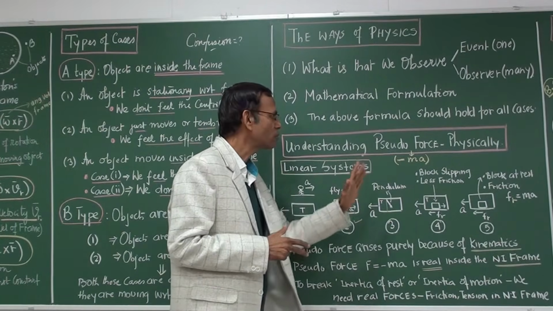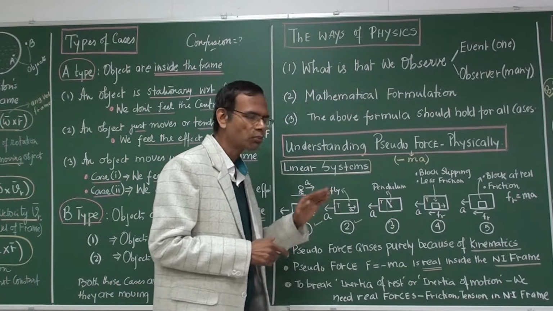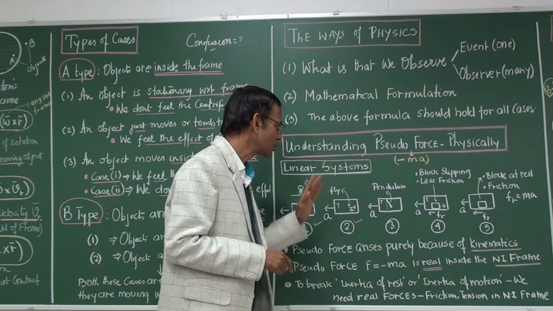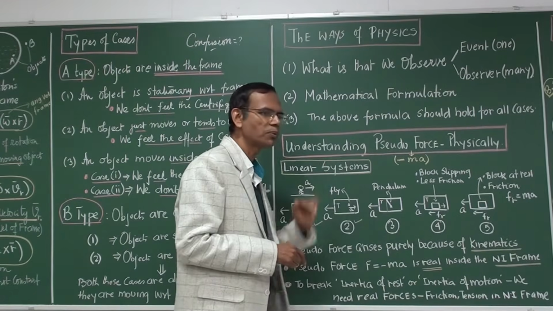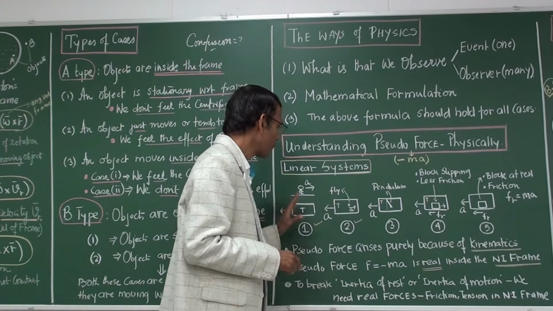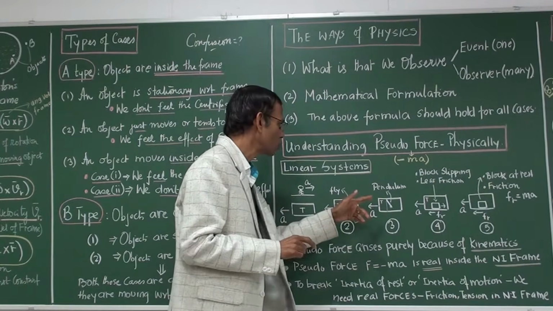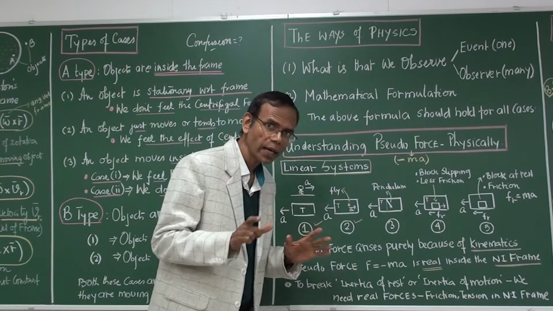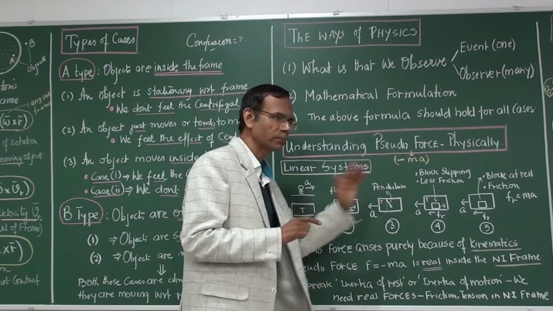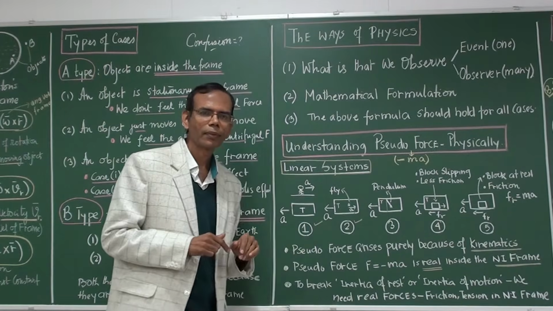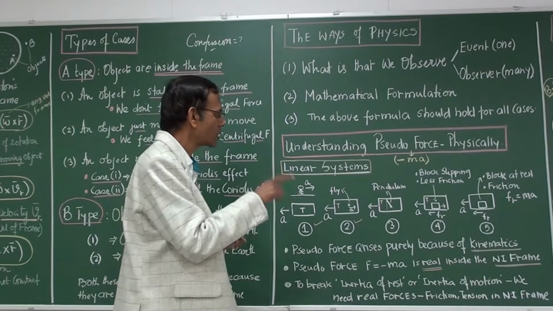Exactly the same way we will see in circular motion also, in the rotating frames. All these cases we will see. But before that, in order to understand a little bit better, I would like to show you the free body diagrams of each one of them. So we will see just now what the free body diagram is.